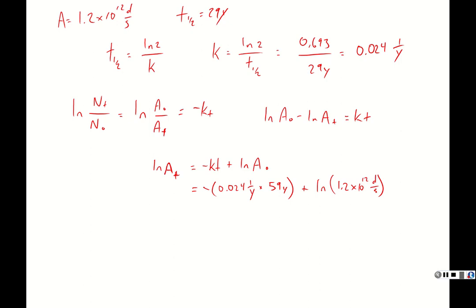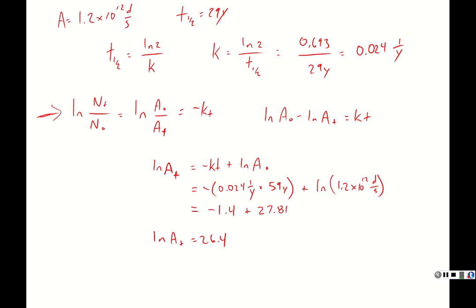So we've taken the equation, which normally talks about the number of nuclei, and changed it to talk about the activities. We kind of substituted A in for N there. So this was something like negative 1.4 plus 27.81. So that means the ln of A at time t equals 26.4.